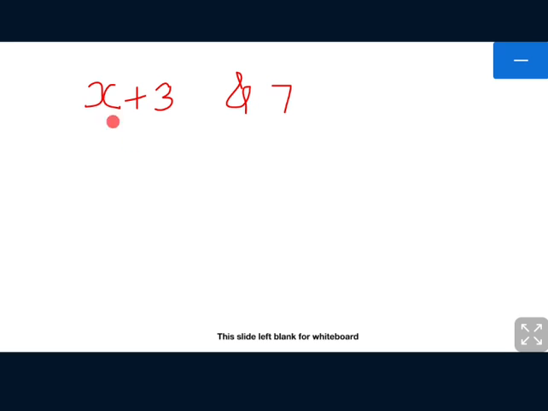So what you have to do, whenever you see the addition of a number and an alphabet in an algebraic expression and you're multiplying, you have to put that inside the bracket. So x plus 3 in brackets multiplied by 7, or you can write it as 7 in brackets x plus 3.